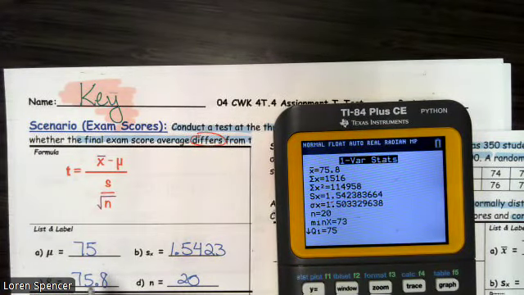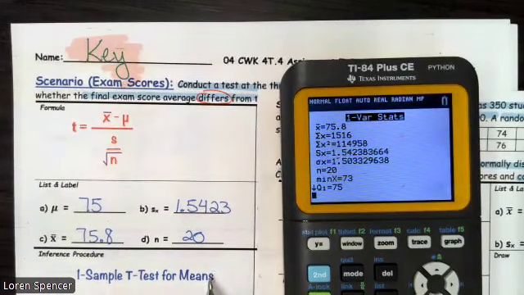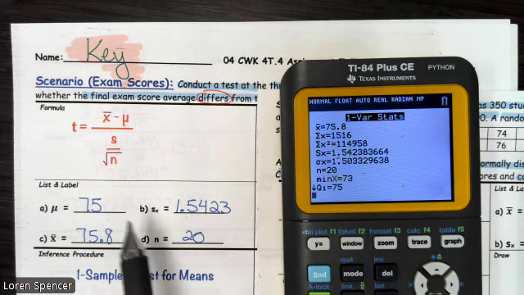And they already said this was the claim, and that was my sample size. We're going to run a one sample t-test for means. So that part's easy. And you can just say one sample t-test, and we're good with that because that's how many samples we have. Yes, we have 20 data points, but it's only a one sample t. That's all you have to have.